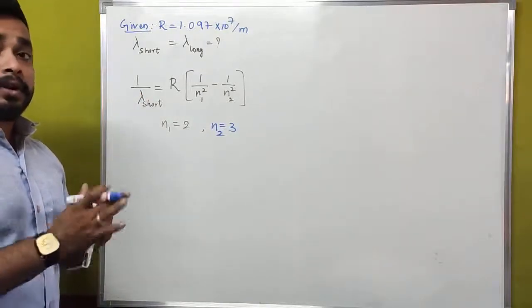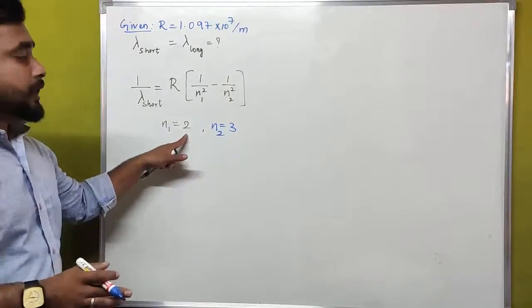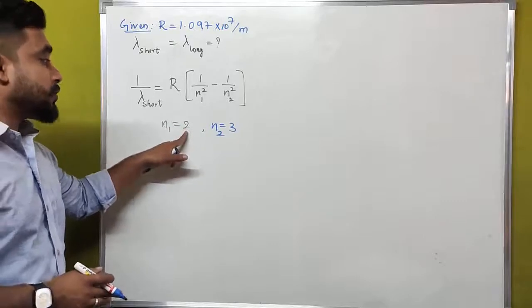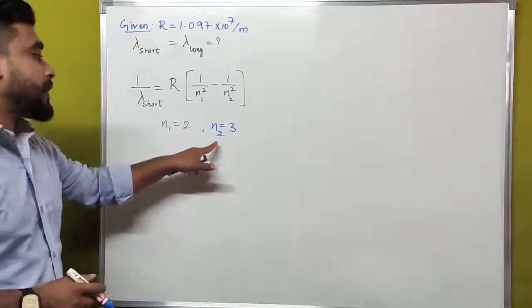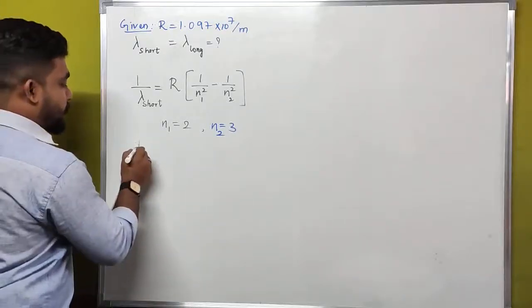First one comes for Lyman series, second one comes for Balmer series. The minimum order of a Balmer series is 2, and the next to 2 is 3. That is why we have written N2 as 3.